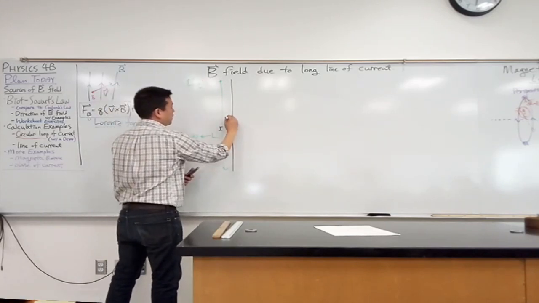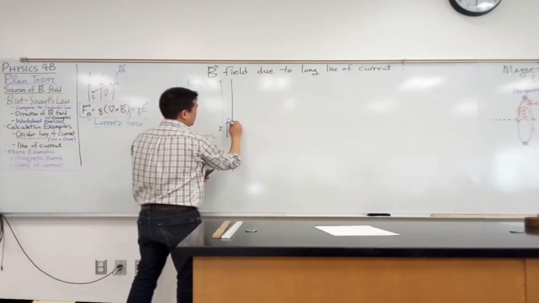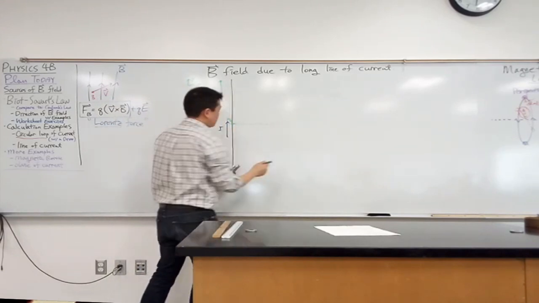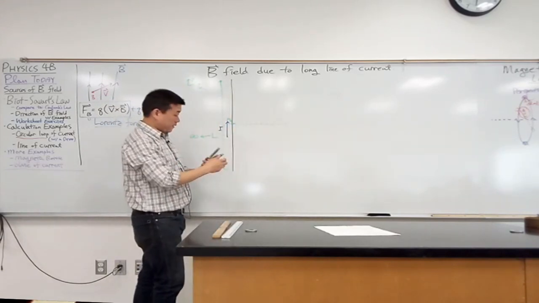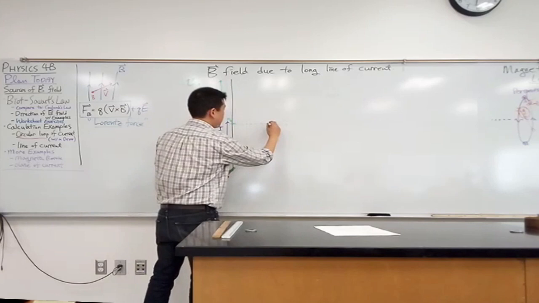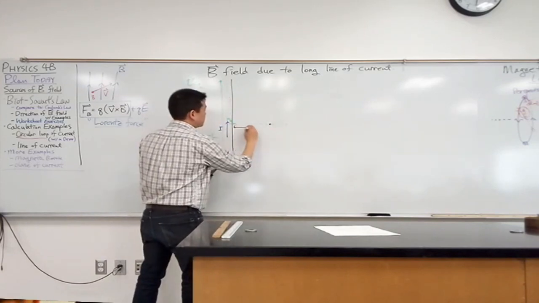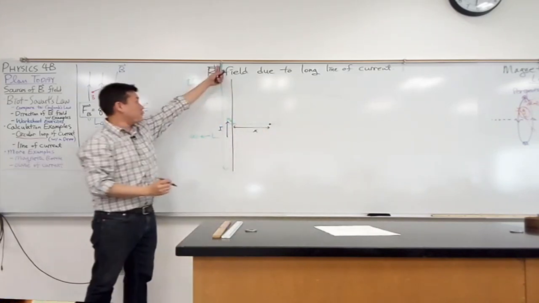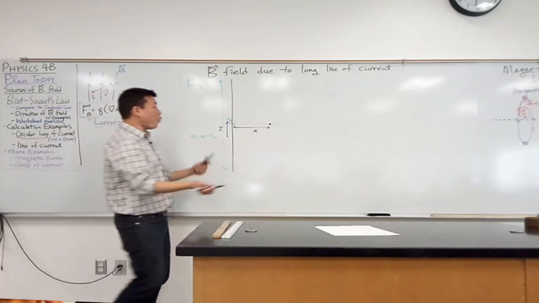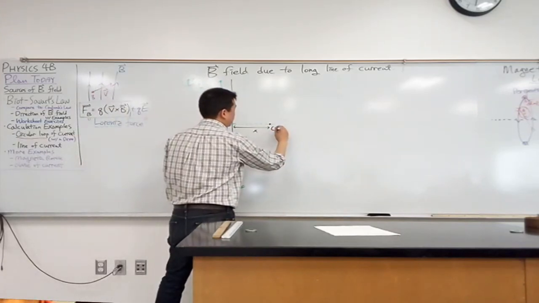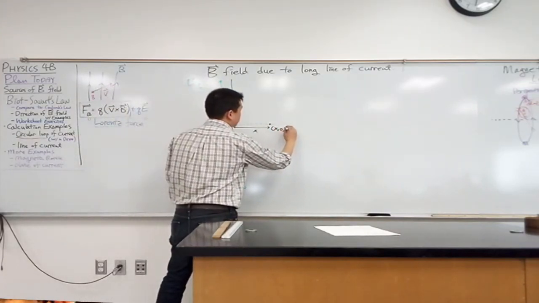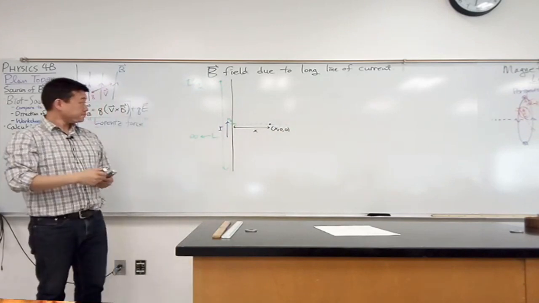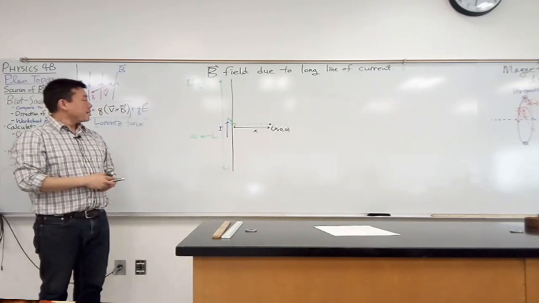So the midpoint is where y is equal to 0. And I want to calculate the magnetic field at a point somewhere out here, at a distance x from the wire. So the coordinate for this would be something like x, 0, 0.